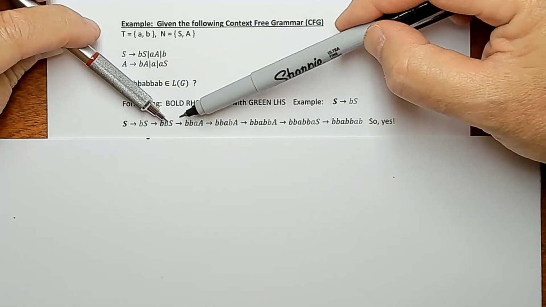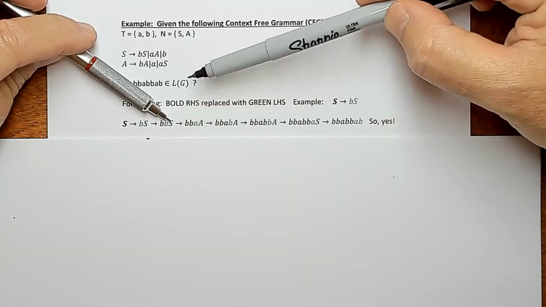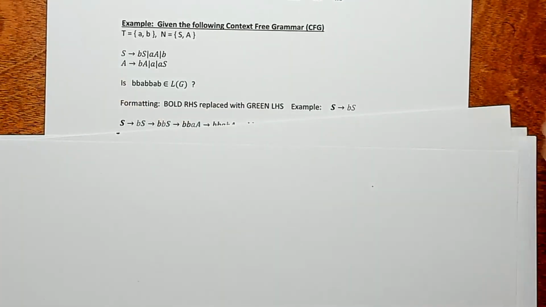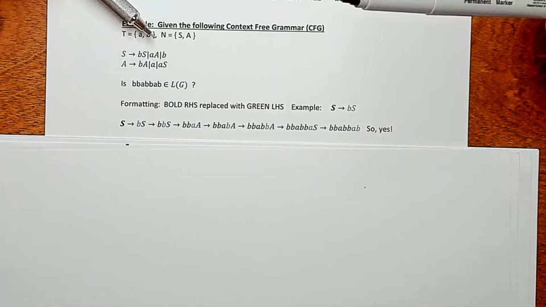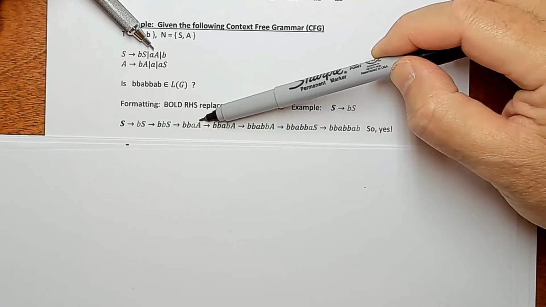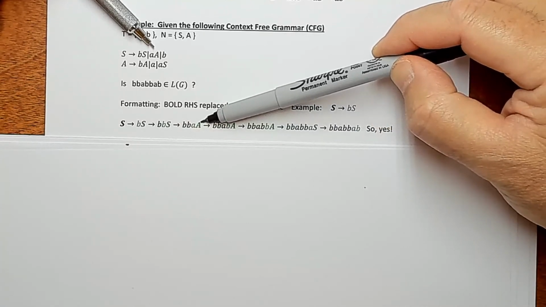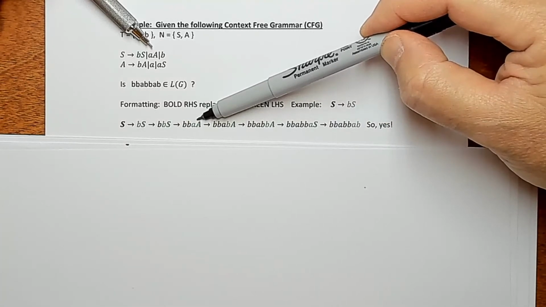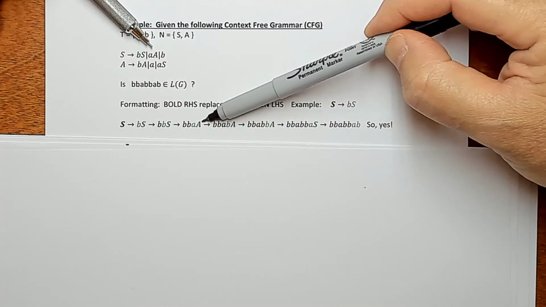Then I'm doing it again, and I'm replacing... whoops, I messed up my papers here. Then I'm doing this second production here. I'm replacing the big S with little a, big A. So I've made the big S bold and the little a and the big A green.